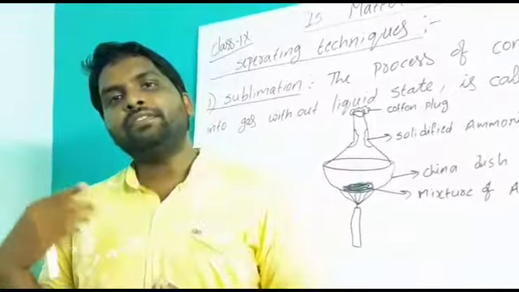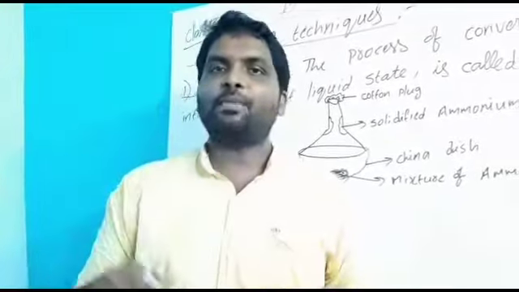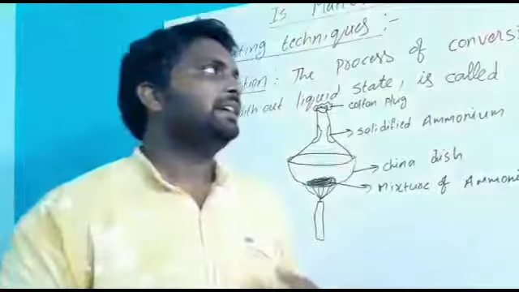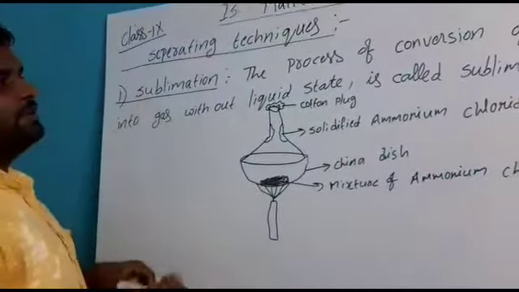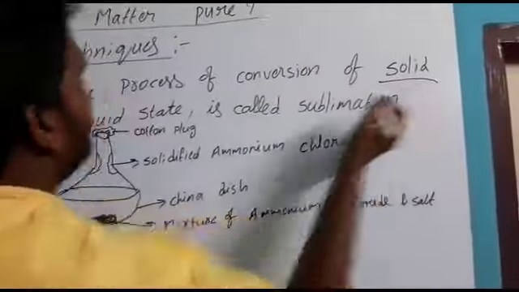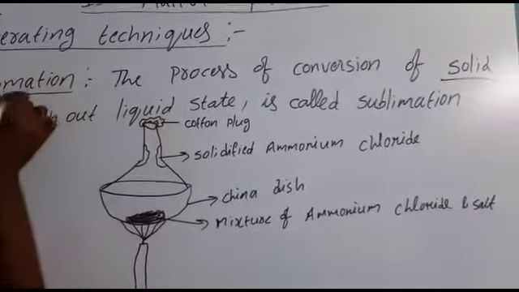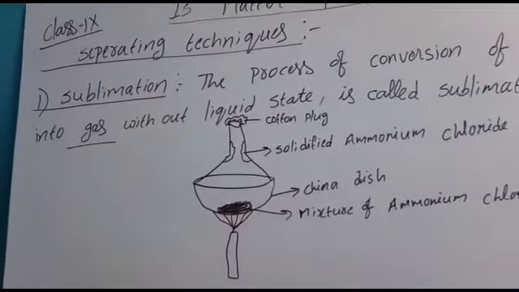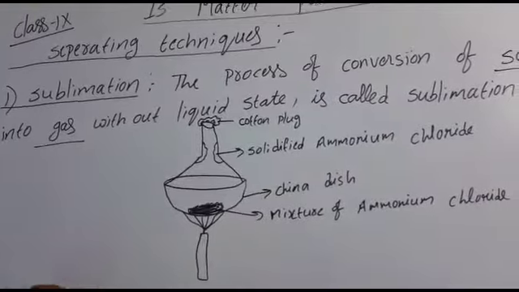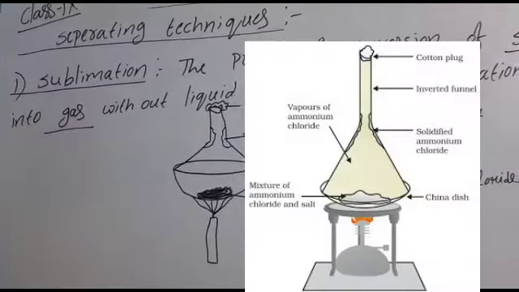If you heat more and more, then it will convert into gas. That is the usual process of states. But in sublimation, the conversion is directly from solid to gas without a liquid state. We can separate two substances by the sublimation process.